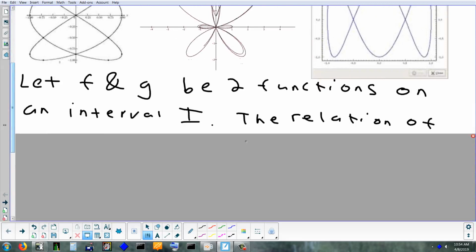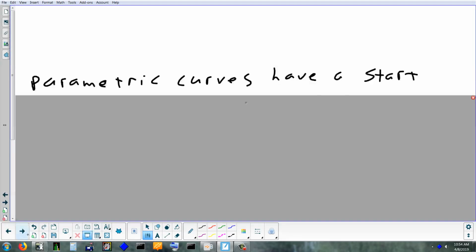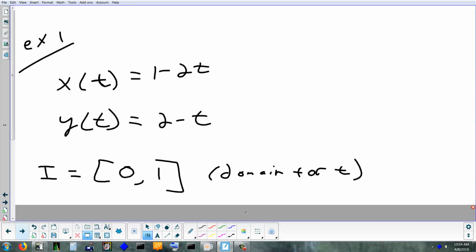Now, we're going to talk more about this interval. But basically, this interval, it's going to give you a starting point and an ending point, and it tells you what numbers you are allowed to plug in. So as an example, when we do this problem, there's a formula for x, there's a formula for y.